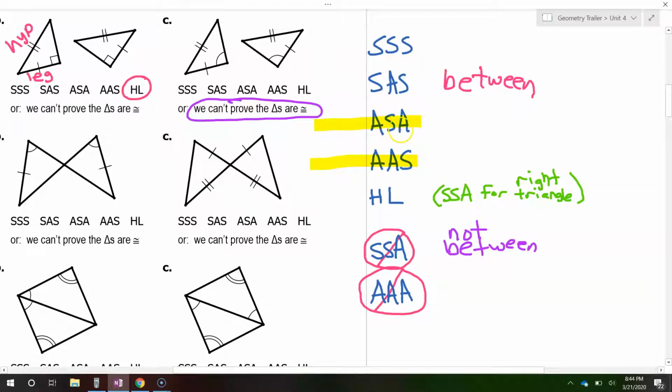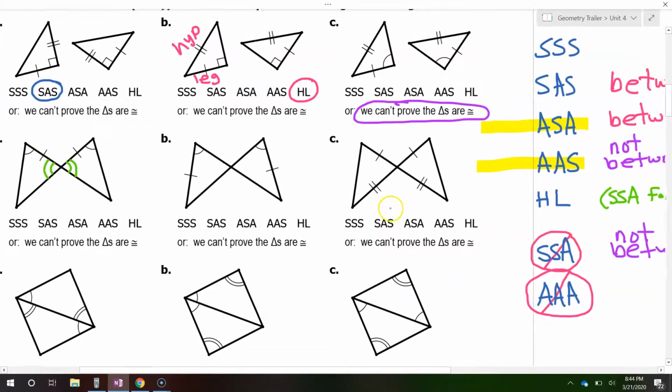So it'll be angle side angle if the side is between the two angles. It'll be angle angle side if the side is not between the two angles. So between or not between, that is how you should think of it.